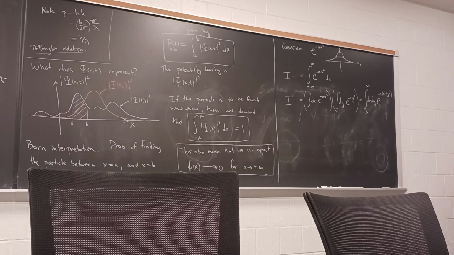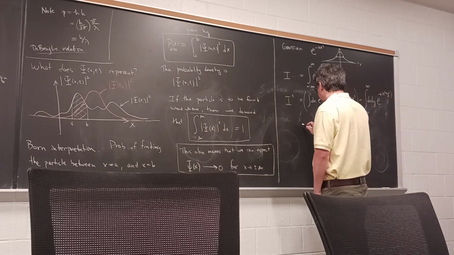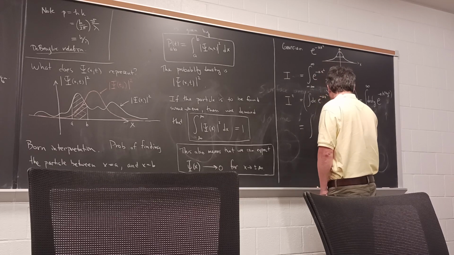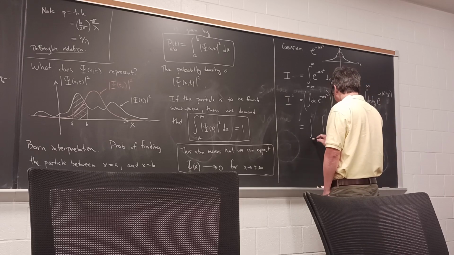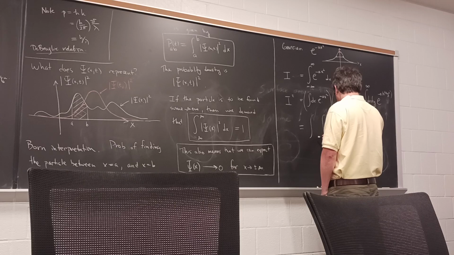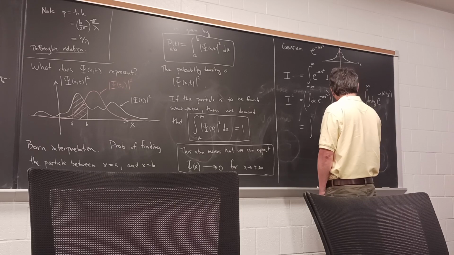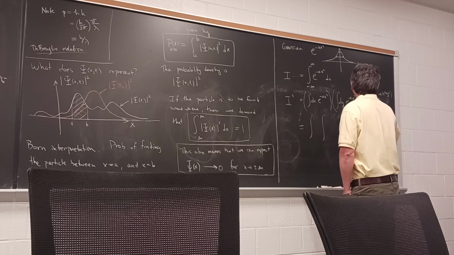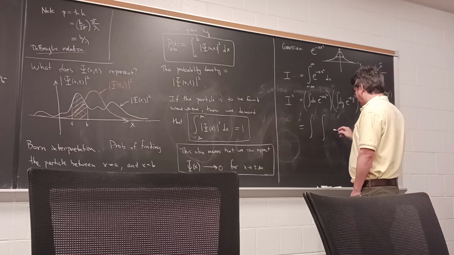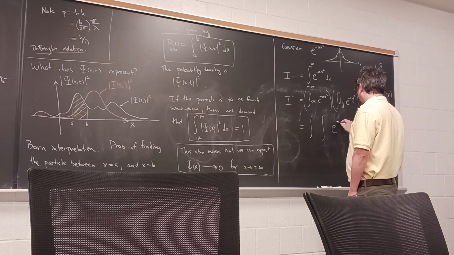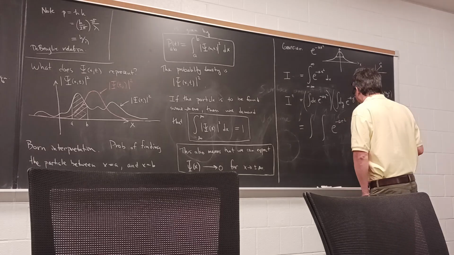Convert it to R. Right. So how do I convert it to R? Would it be the integral from negative infinity to positive infinity, dr, e to the negative a times r? Well, if we go to the plane, it's r squared, right? Okay, yeah. So we've got e to the minus a r squared. Right back where we started.